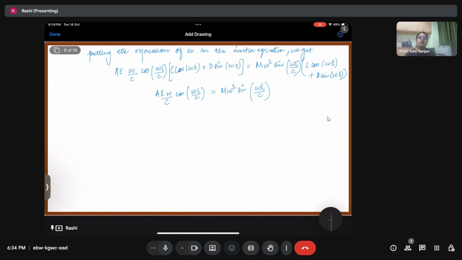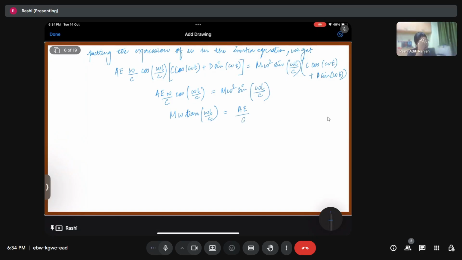Now, if you look closely over here, one omega will get cancelled with another omega, and this cos and sine we can take it over there, so it will give us tan of omega L by C, right? So m omega tan omega L by C is going to be equal to AE by C, right?